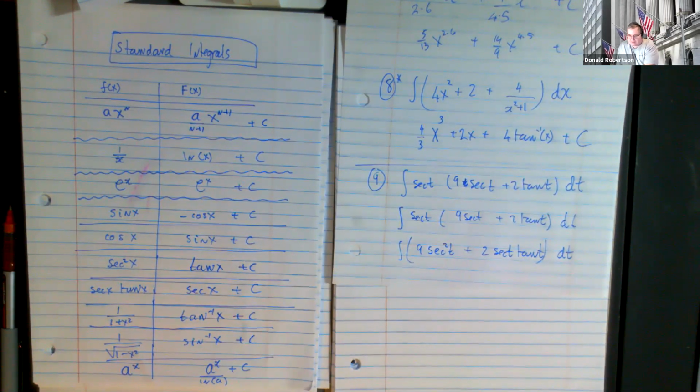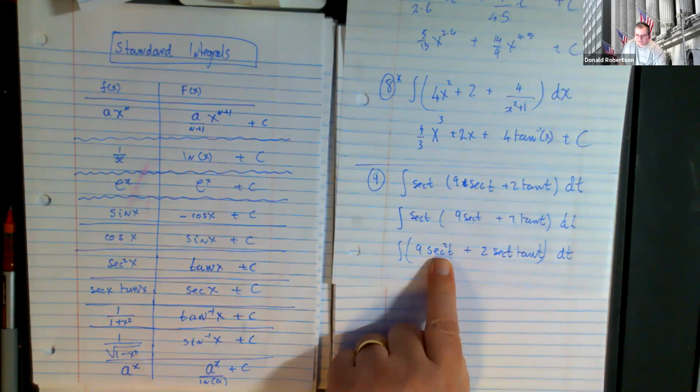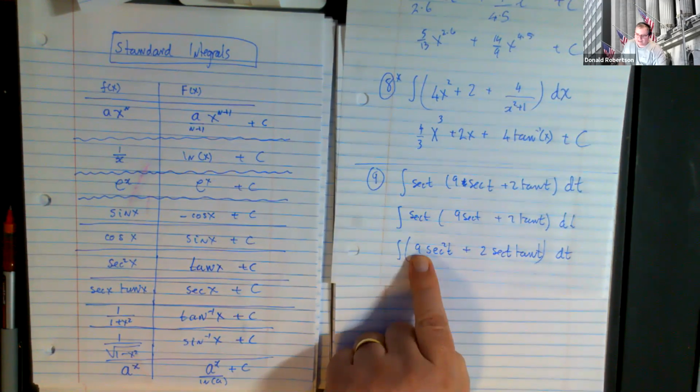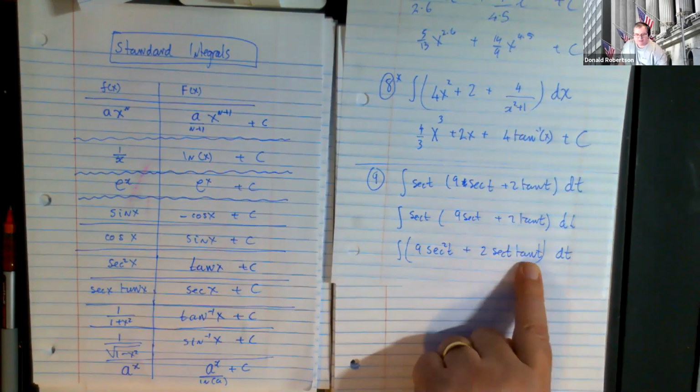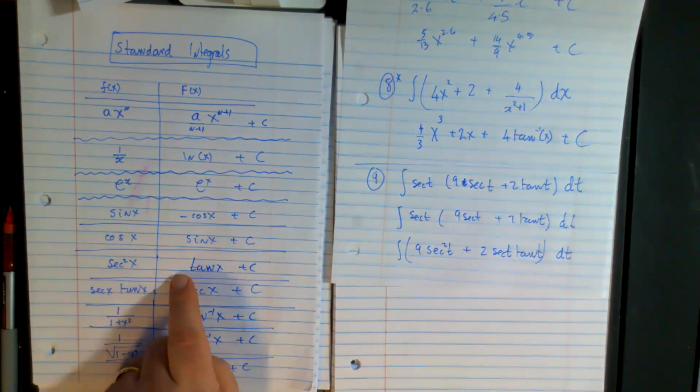It doesn't look like that's a trig identity. That's good news. However, I still need to integrate it. The integral of secant squared, and therefore we can also get 9 secant squared, is over here. And secant tan is over here.